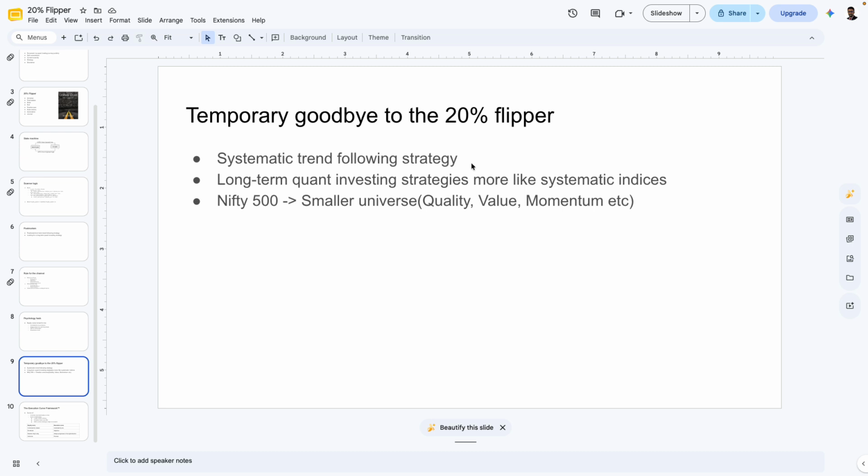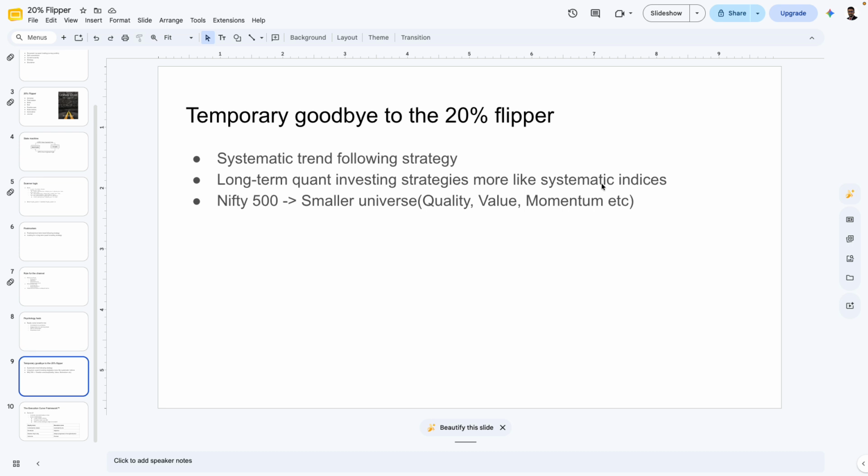So, coming to why: what kind of strategies am I looking to build? I'm looking for quantitative long-term trading or investing strategies which are more like the indices we have today. For example, Nifty 50 holds the top 50 free float market cap companies in India.